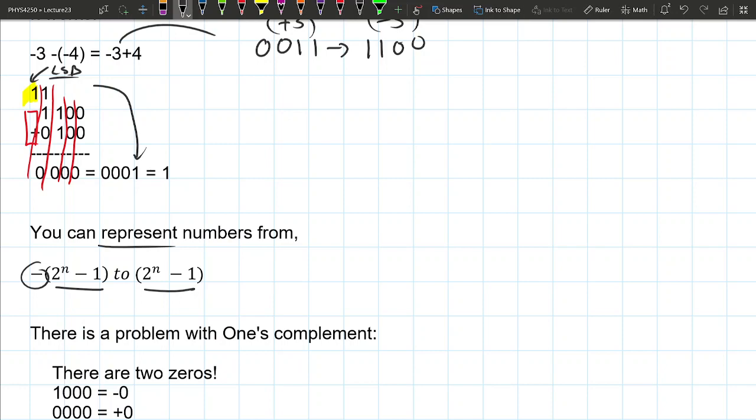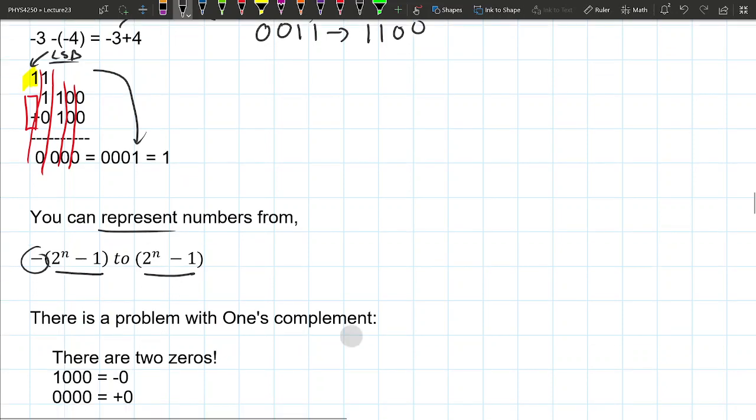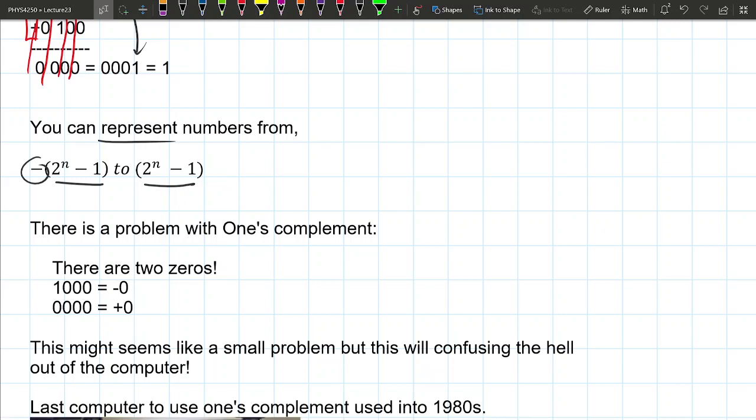So there's a problem. Well, there's an interesting quirkiness to it. Let's not call it a problem, because this still works. All the math still works. There are two zeros: a +0 and a -0.